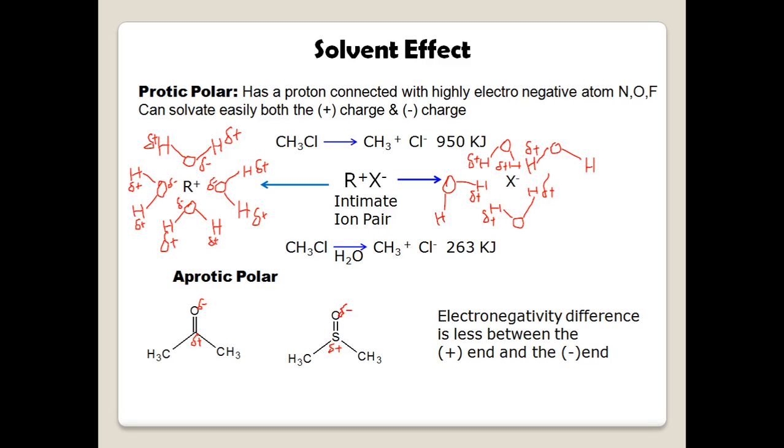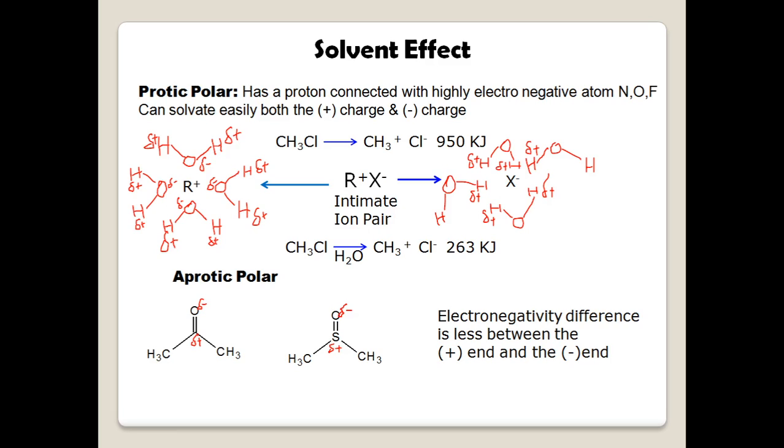Now come to the solvent effect. While discussing the solvent effect, we should start with an example. Let's say CH3Cl is going through an SN1 reaction. To break the bond between C and Cl, it needs 950 kilojoules of energy per mole when the reaction is carried out in the gaseous state.